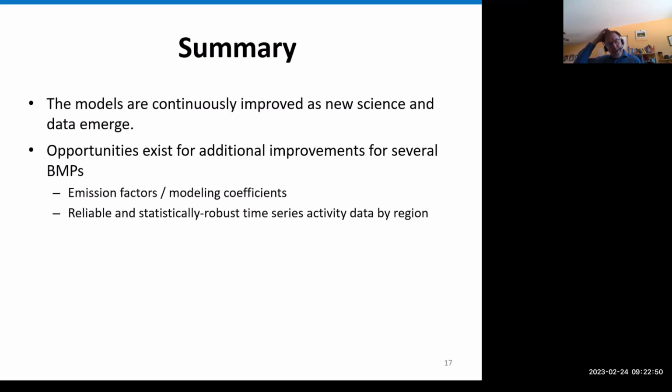The opportunities that exist for living labs, I think the best opportunity is if there are studies on practices that can be published. So the more peer-reviewed Canadian studies that we can draw on, the more varied landscapes, the better information we will have in order to develop those emissions factors.